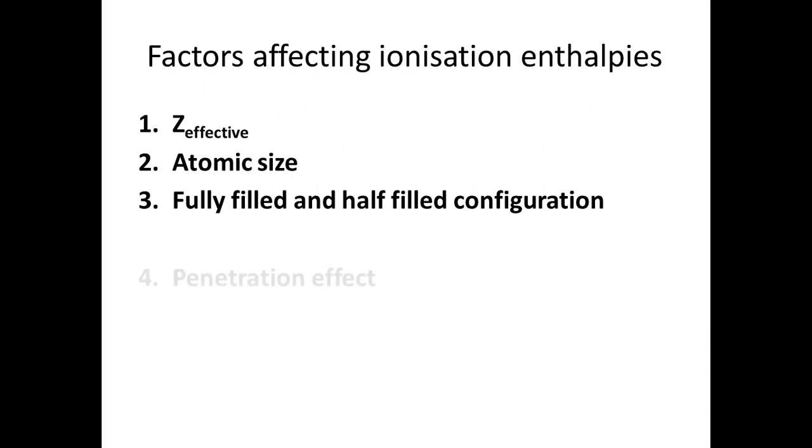Next one is penetration effect. What do we know about this penetration effect? The shell nearer to the nucleus has a great penetration effect, because the electron present in that shell is greatly attracted by the nucleus, or effective nuclear charge.